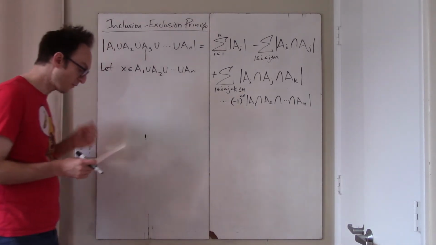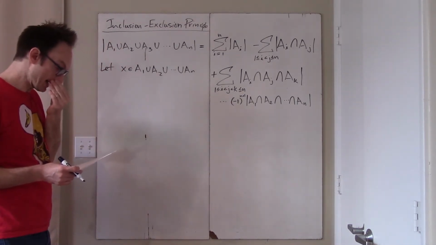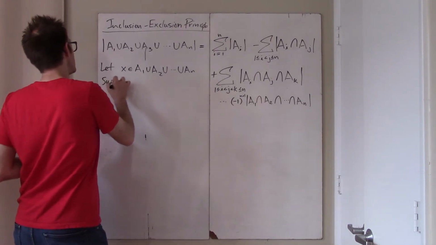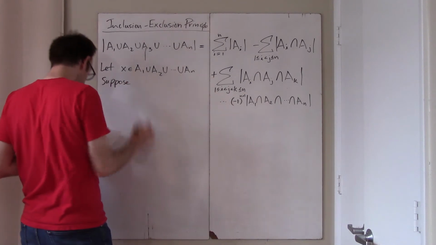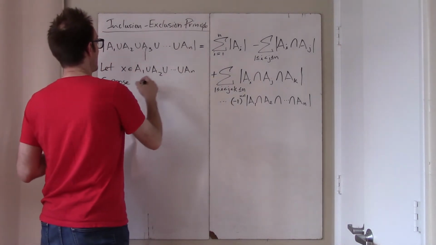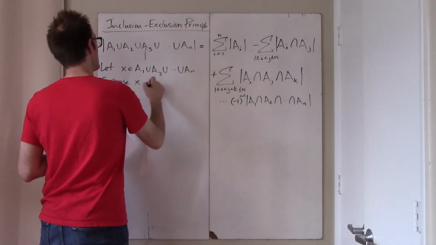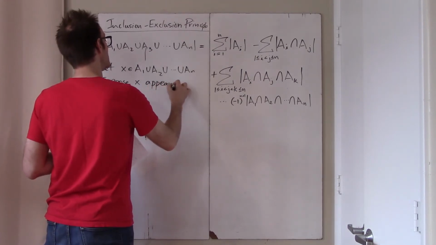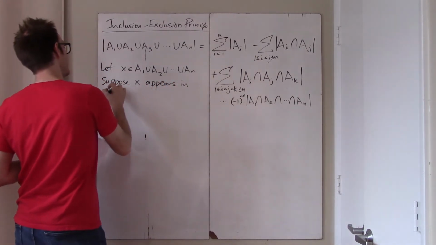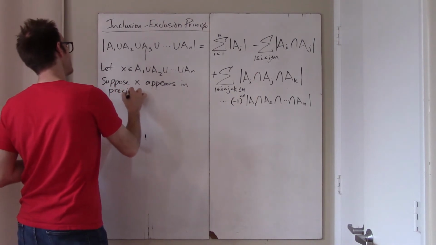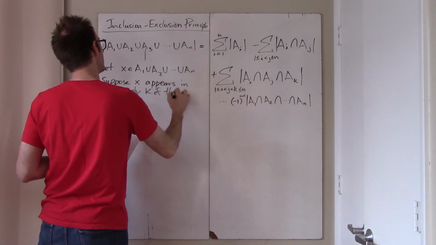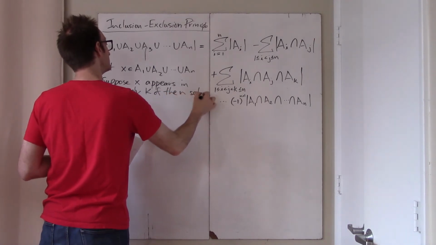Okay, let's go. So now, suppose that x appears in precisely k of the n sets.